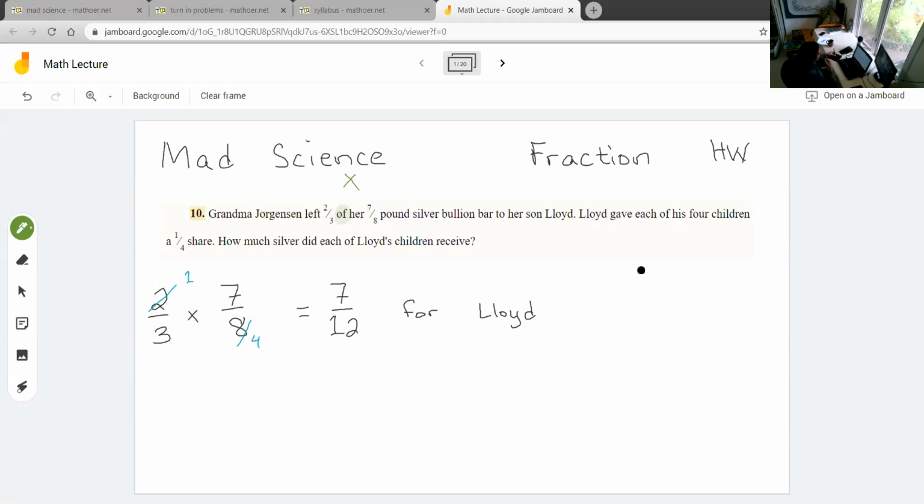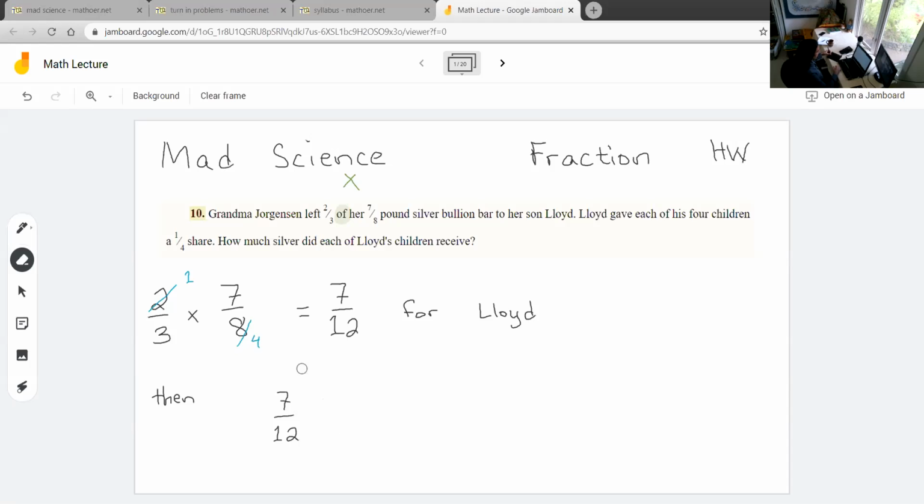Okay, then Lloyd gave each of his children a quarter. So they get a quarter of that. It's again an of multiply. So we're going to take the 7/12 and say, what's a quarter of that? And if it helps, maybe I'm writing this in the wrong order.